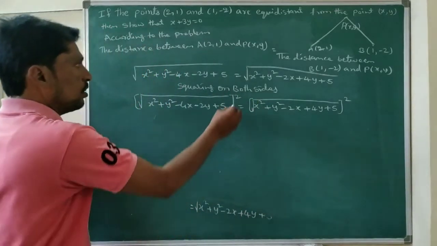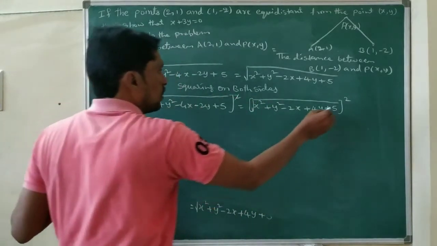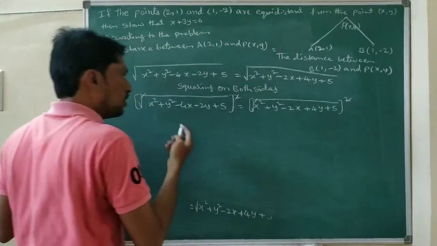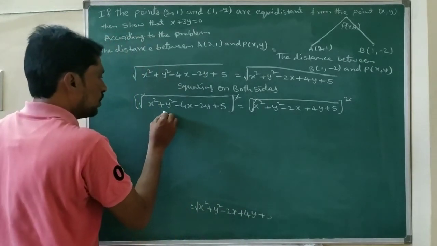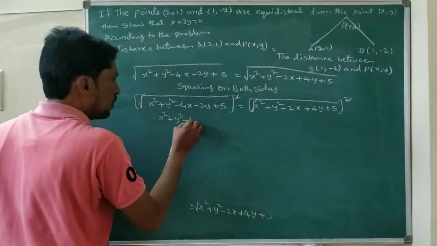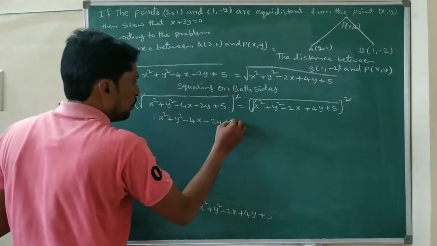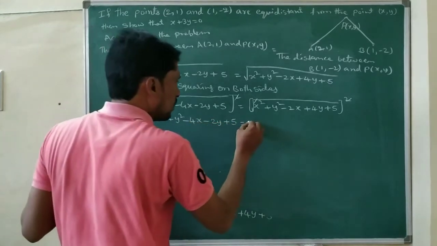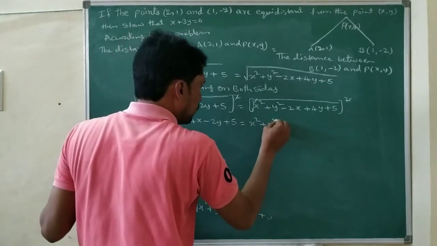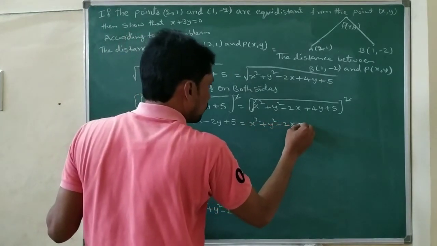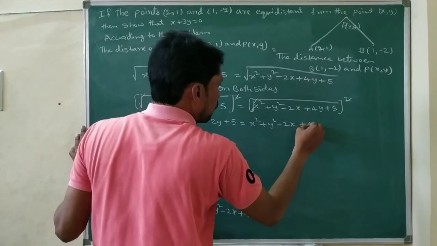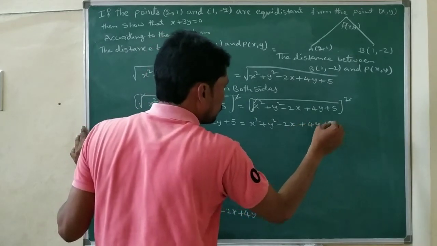So now here the square root gets cancelled. What is remaining? That you can write: x square plus y square minus 4x minus 2y plus 5 equals x square plus y square minus 2x plus 4y plus 5.